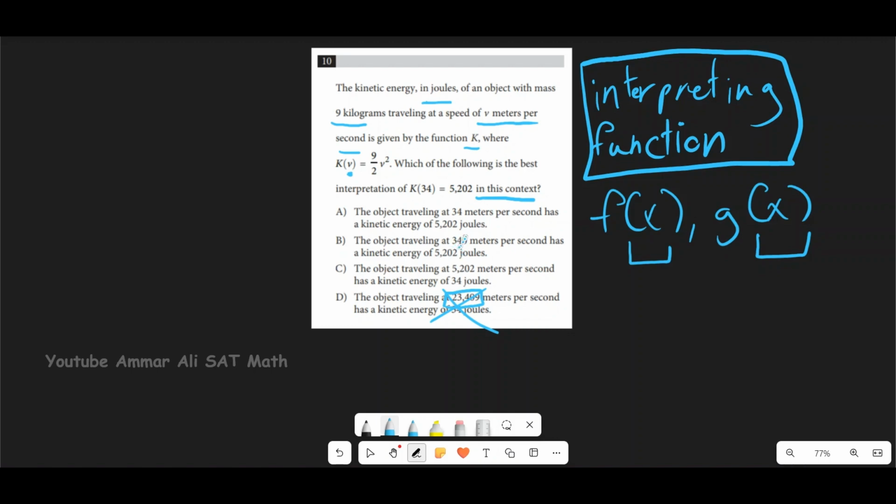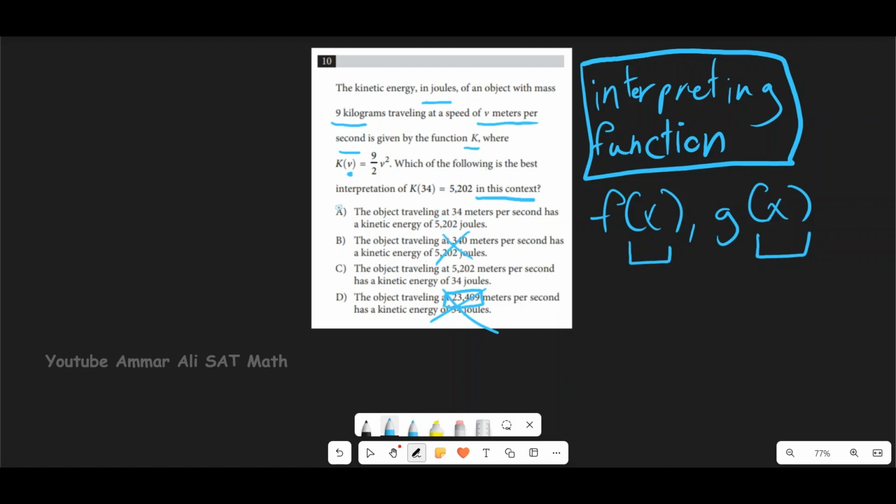Again, this is just a way for them to trick you. Because we see a 34 here, you might instantly think 340 might be the right answer. Well, they're trying to trick you by putting in numbers that look the same. It's a very common SAT tactic. So you can instantly cancel that one out because, again, we're not doing any math in this question. We are just interpreting a function, so we just need to read more than do math, and use a little bit of logic.